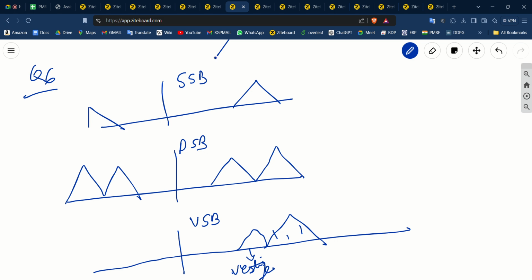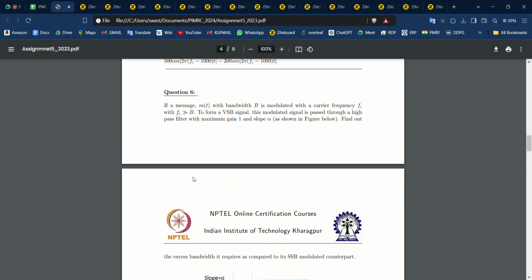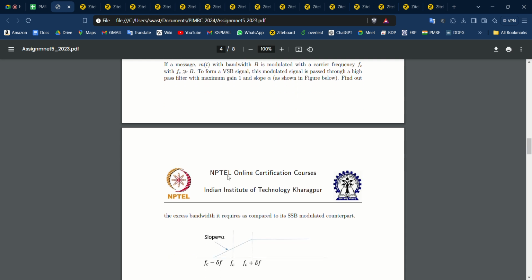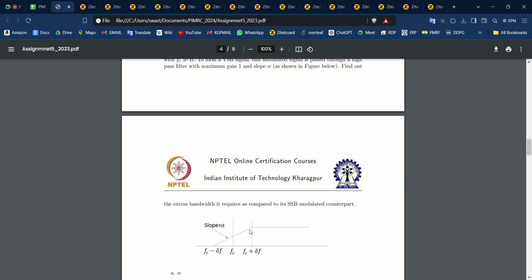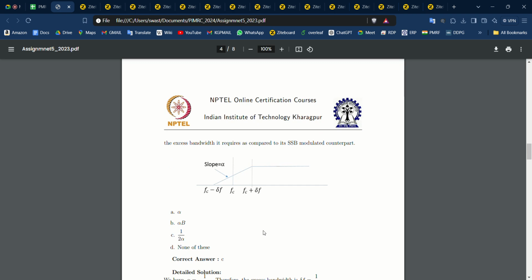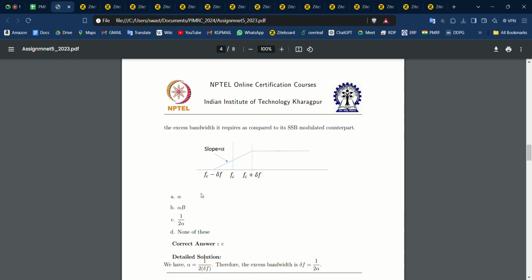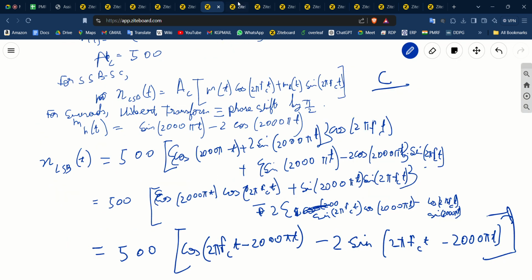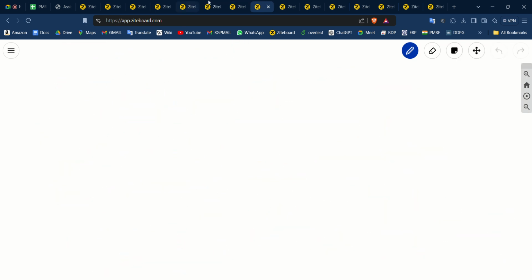Now in this question they are asking us to find the excess bandwidth it requires as compared to the SSB modulated counterpart. If we have this slope, then from fc plus delta f to fc minus delta f, we have a slope of alpha. Thus in this 2 delta f bandwidth, we get a slope of alpha. Let's find the value of this alpha. The curve is something like this.